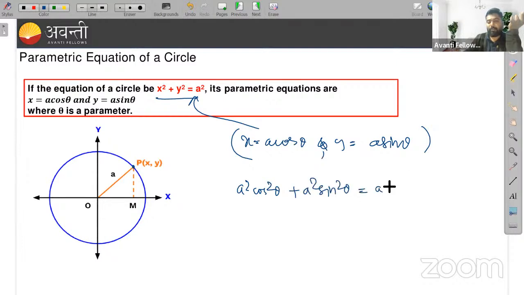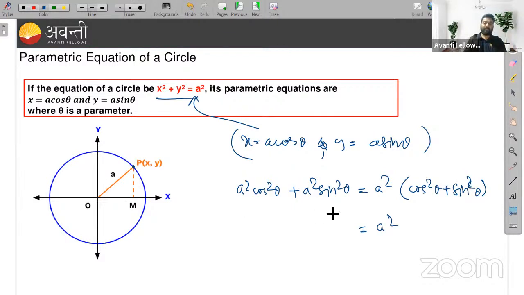Taking a square common, we have cos square theta plus sin square theta, which is one, so we get a square. Yes, it is satisfying. So this is the parametric form, or the parametric coordinate, of the circle.